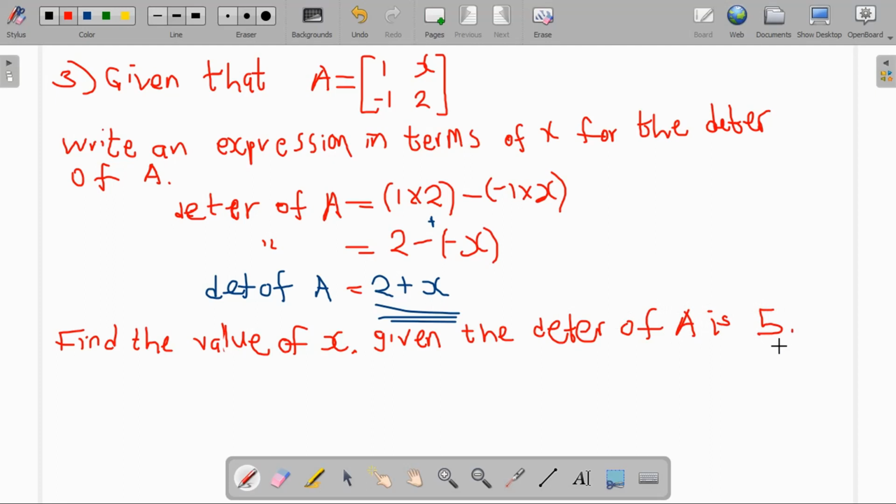So they have given us that the determinant of A is 5, and we have to find the value of x.